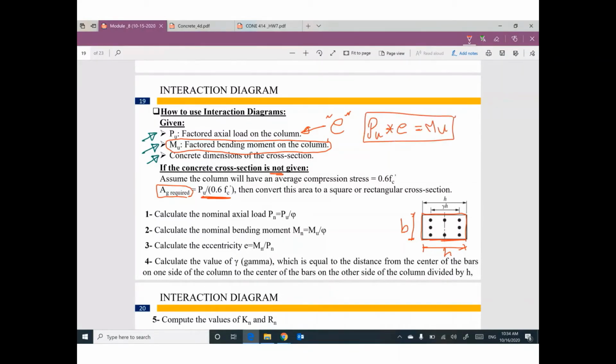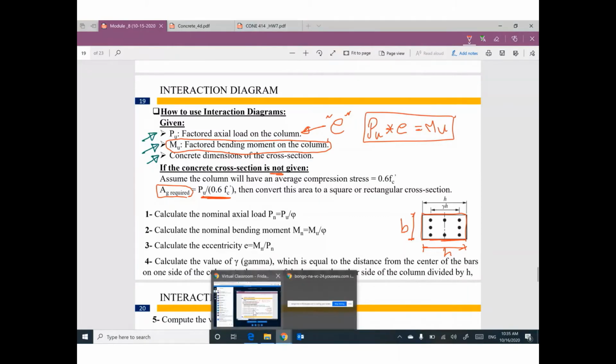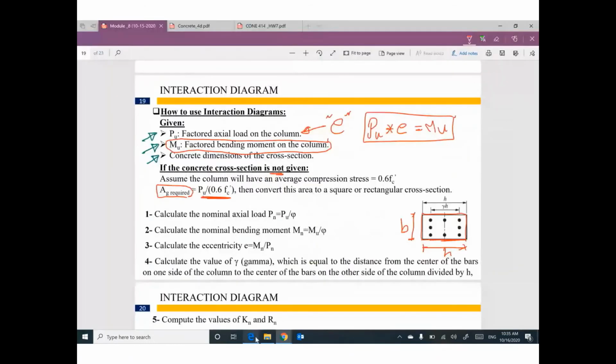Any questions so far? Looks good. So we are looking for rho and then the steel area. How much steel reinforcement is in this column? If the cross section is not given, I can figure it out from this equation. If it's given, that's fine.